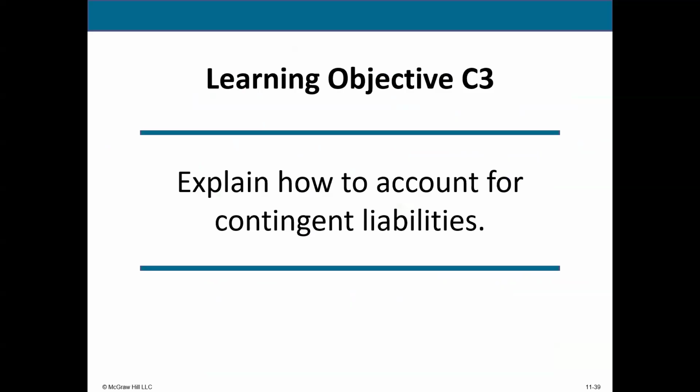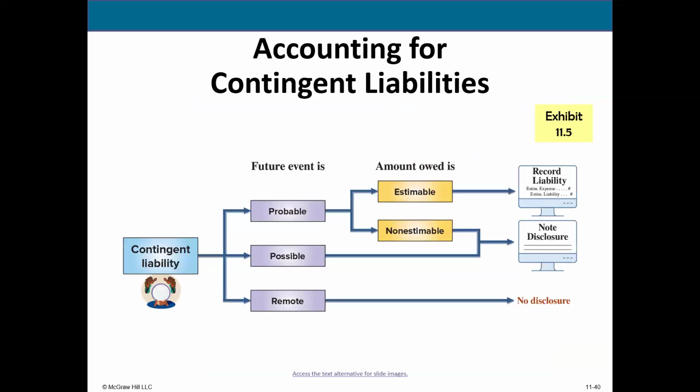The next thing I'd like to talk about is contingencies. I had mentioned earlier that it's important that we understand when to estimate. When we estimate, it has to be because something is probable, meaning there's a good chance of something happening. And if there's a good chance of something happening, we need to estimate that expense, like a warranty claim.